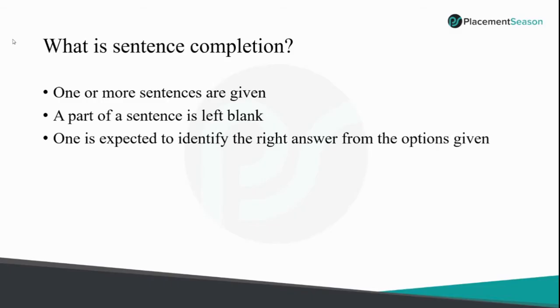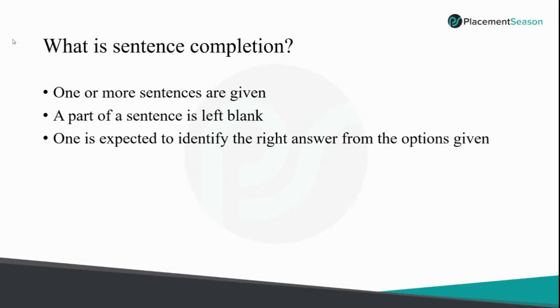So what is sentence completion? One or more sentences are given to you. A part of the sentence is removed, that is, it is left blank. What you have to do is read through the options and guess what would probably be the right answer. These blanks can be one blank, two blanks, or more than two blanks.